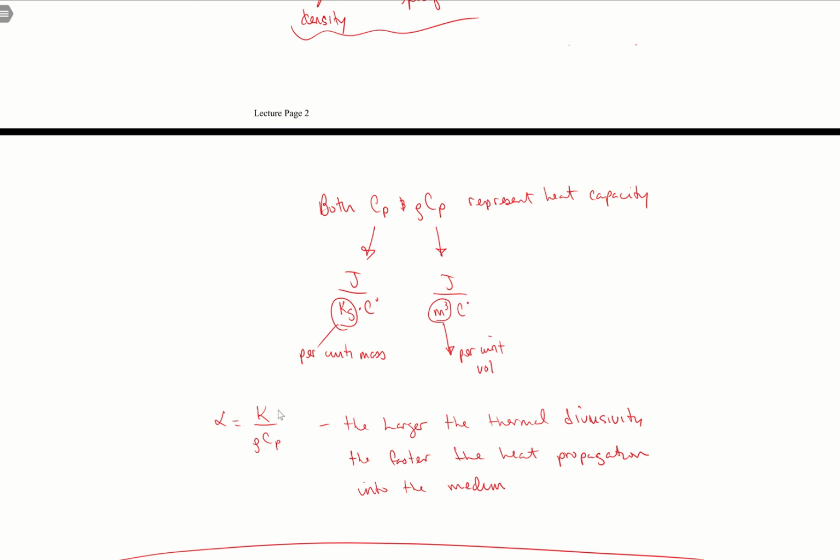Something with a small thermal diffusivity will want to conduct heat slower through it and want to store more of that energy. Okay, so that's thermal diffusivity. It's this ratio of conduction to storage of heat capacity.